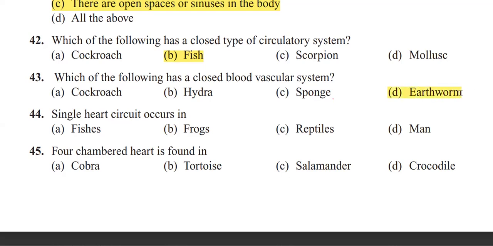Earthworm, annelida, has closed blood circulation. Single heart circulation occurs in fishes, frogs, reptiles, man. Single circulation is seen in fishes. Four-chambered heart is found in cobra, tortoise, salamander, crocodile. Crocodile.